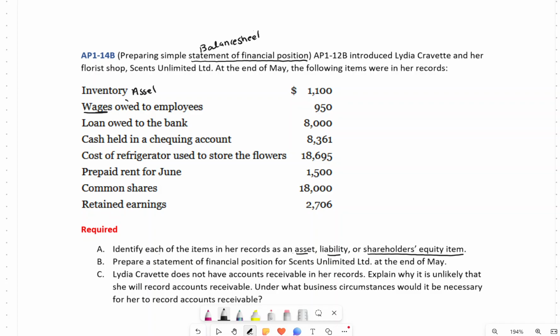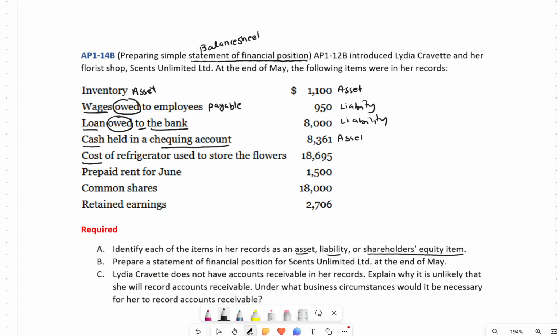Wages owed to employees, we call it wages payable. If it's a payable, it will be a liability account. So this will be an asset, this will be a liability. Loan owed to bank, so we owe money to the bank, and that will be my liability. Then cash in your checking account will be my asset.